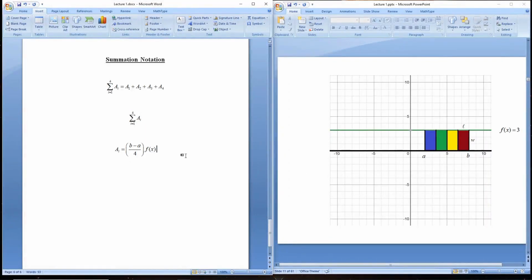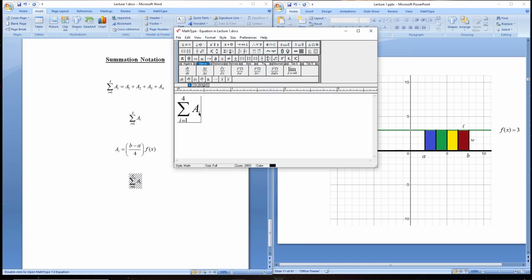So let me just quickly demonstrate what I mean by that. If we take our sum, now I've defined what a sub I is. It's going to be this new expression here, so we can just stick that in. Instead of a sub I, we're going to have b minus a, all over 4, times the width. In this case, that's the function height.